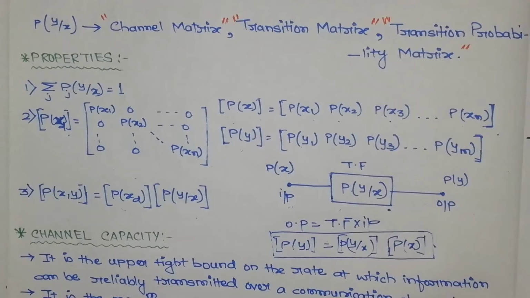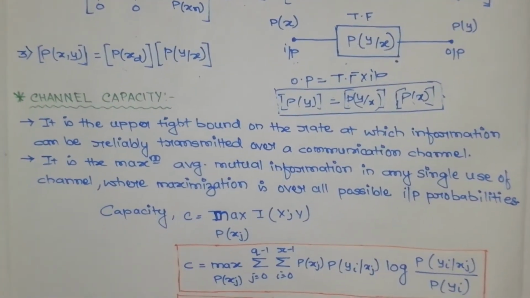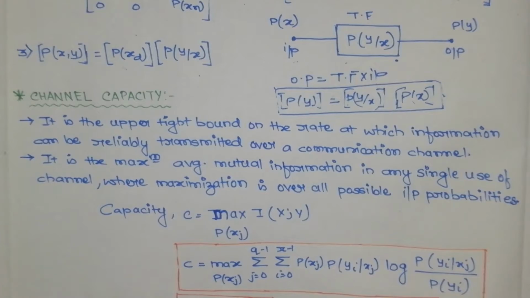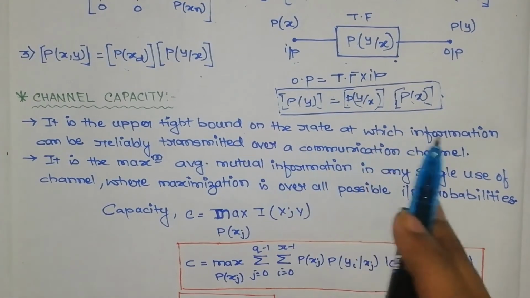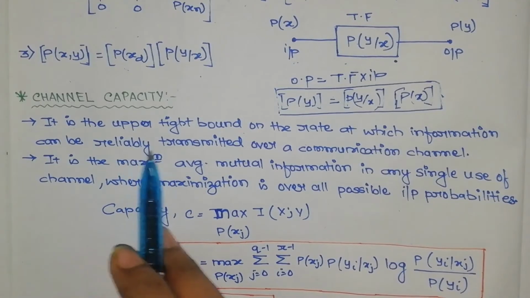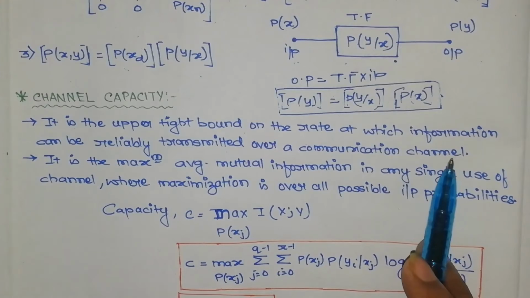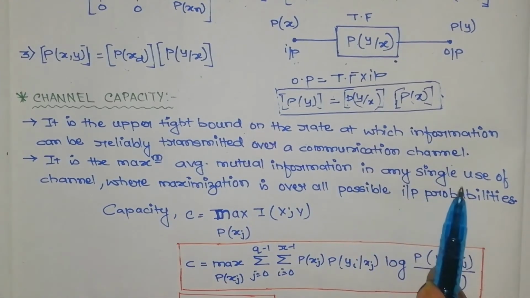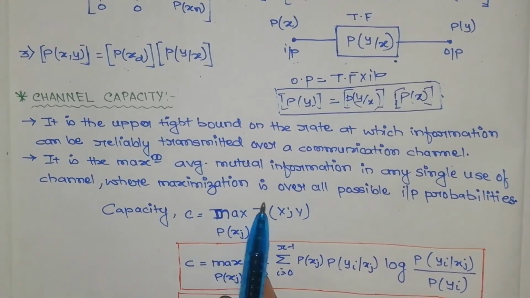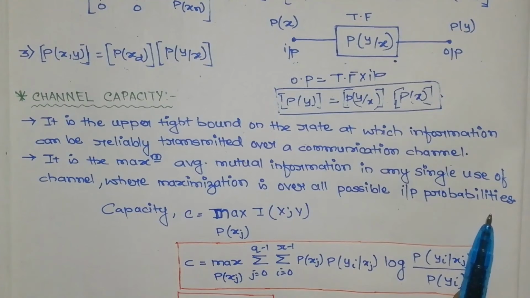Now the next topic is channel capacity. So channel capacity can be defined as the upper tight bound on the rate at which information can be reliably transmitted over a communication channel. In other words, it is the maximum average mutual information in any single use of the channel, where maximization is over all possible input probabilities.